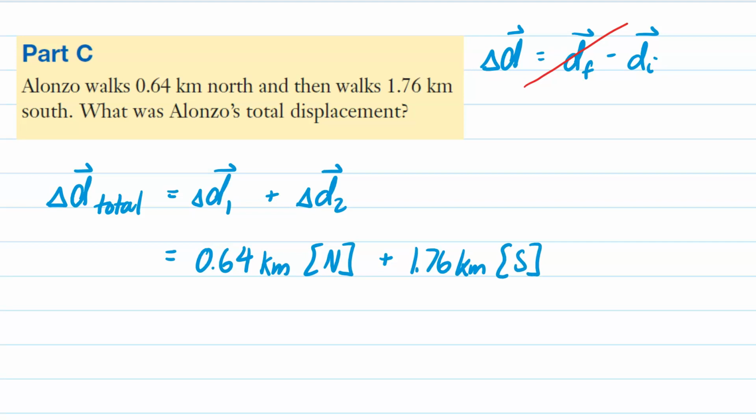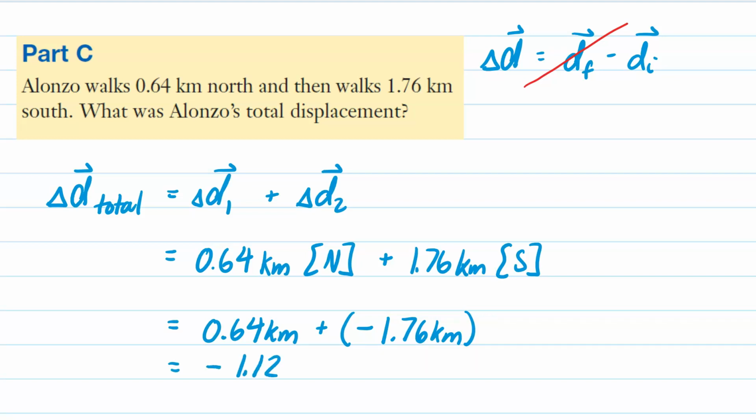How do we add up north and south? Remember, north is a positive direction, so we can just leave 0.64 as a positive number. South is a negative direction, so we'll add a negative 1.76 kilometers. 0.64 minus 1.76 is a negative 1.12 kilometers.